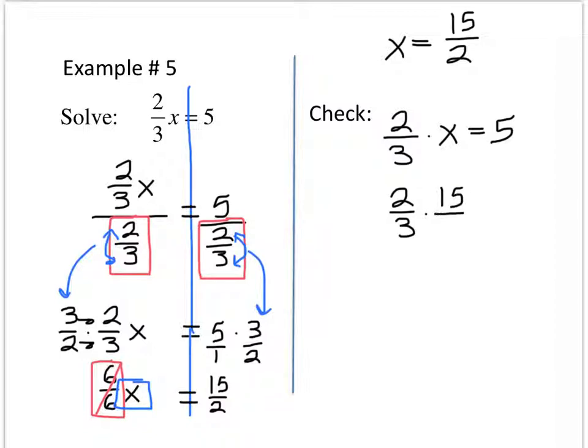So here we go, 2/3 times 15 over 2 equals 5. I multiply across, that gives me 30 over 6 equals 5, which I notice does simplify down to 5 equals 5. So we've done this correctly.